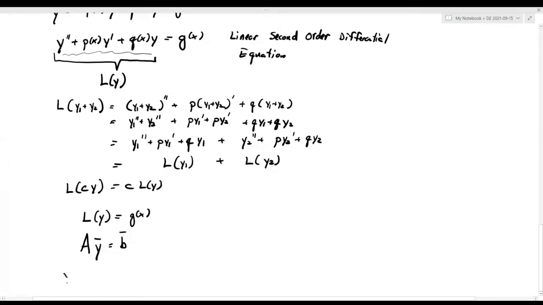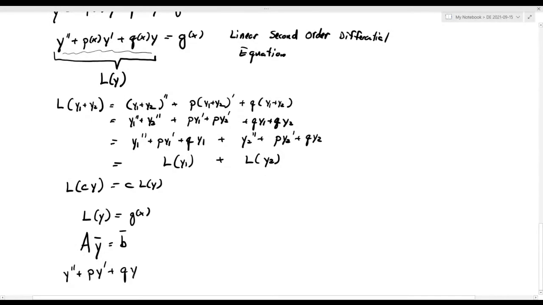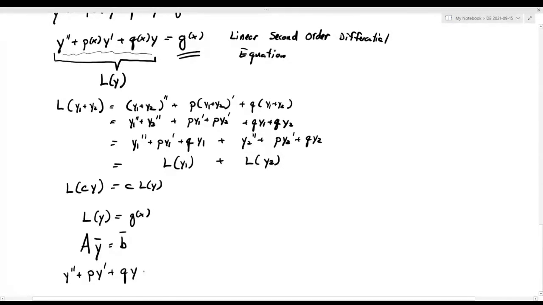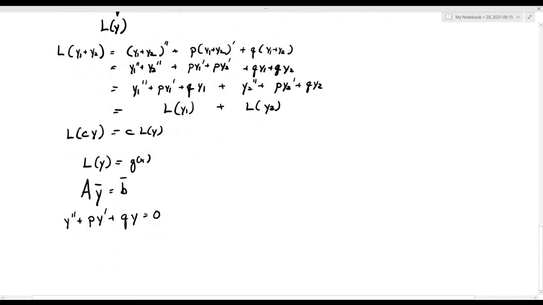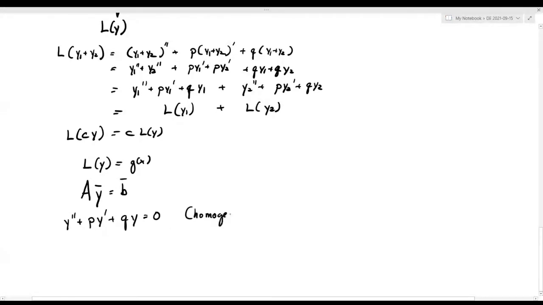Furthermore, if the right-hand side over here is equal to 0, then we have a linear second-order homogeneous differential equation.